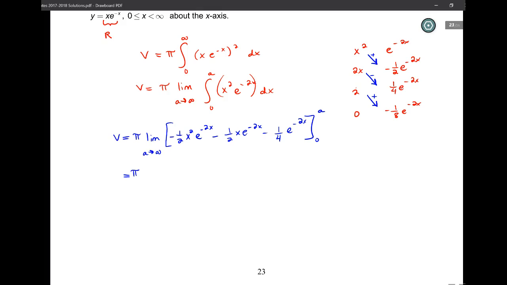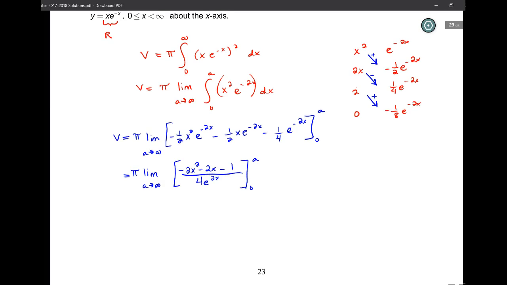So we have the limit as a approaches infinity. Now all of these have, if I actually factor out or find a common denominator and move the e to the negative 2x to the denominator, so I'll basically have a negative 2x squared minus 2x and then minus 1, and this will all be over 4e to the 2x.